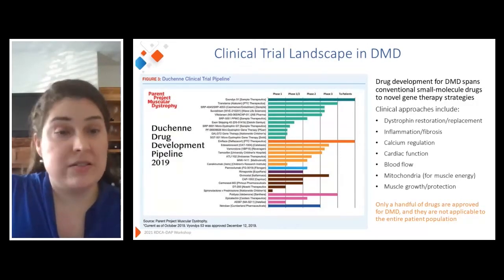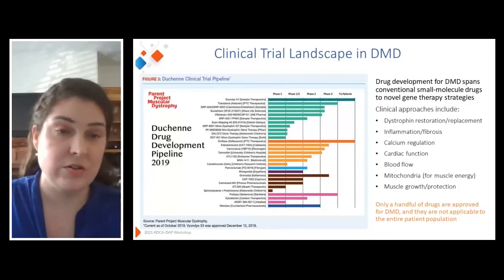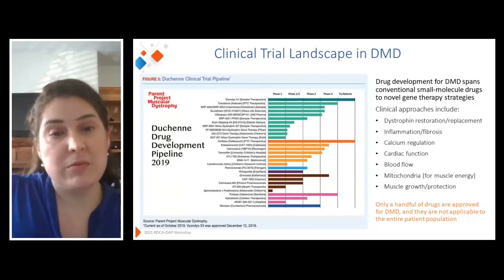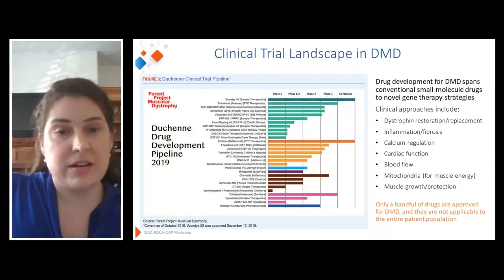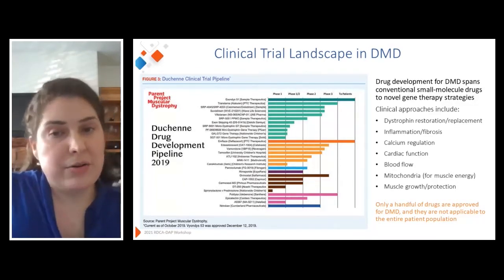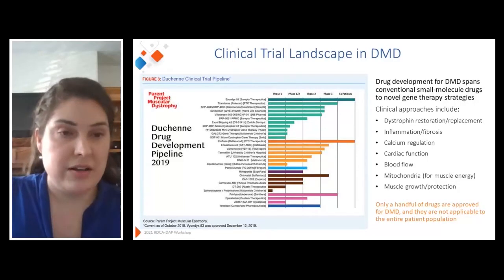And that is ongoing. So the last decade has seen a lot of increase in clinical trials for this disease. And specifically this chart, which is actually by now a couple years old, so there's additional progress that is not summarized on this particular figure. I want to point out that there are a wide variety of drugs that are now in development.